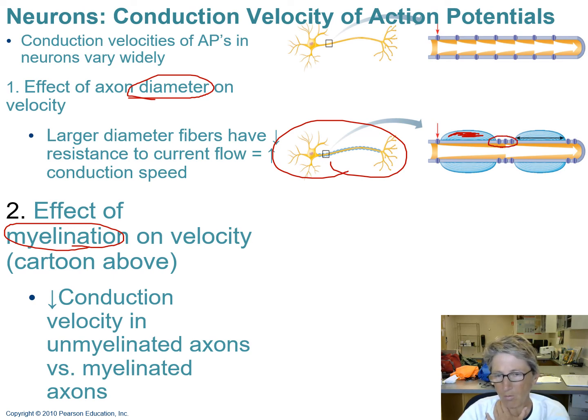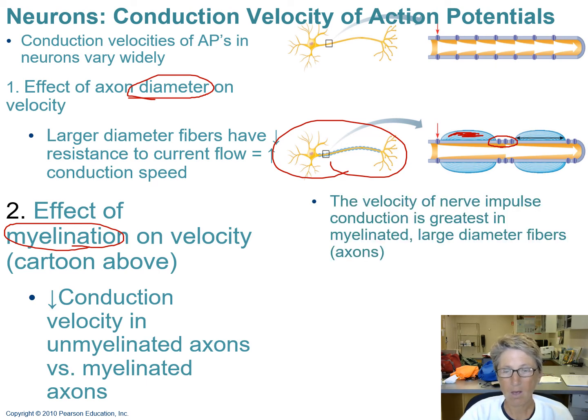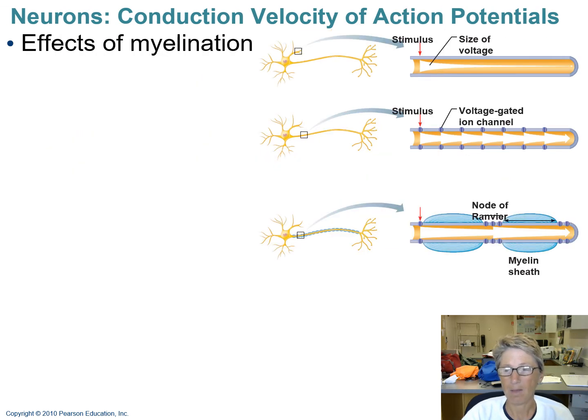Those are all the voltage-gated sodium and potassium channels. So if you are a large diameter axon and you're myelinated, you're going to have the fastest conduction velocity of an impulse, aka an action potential.